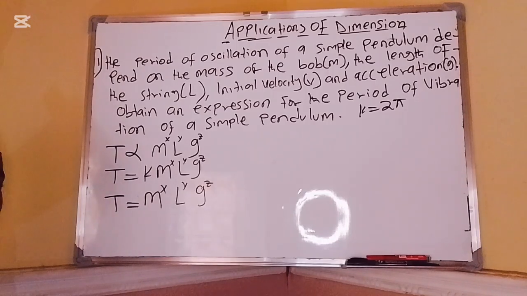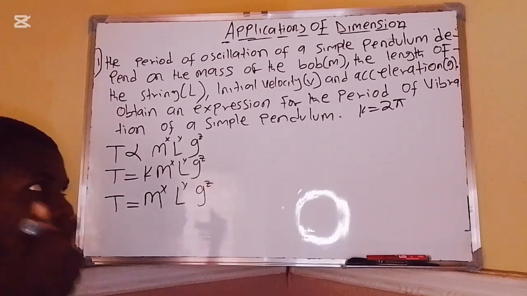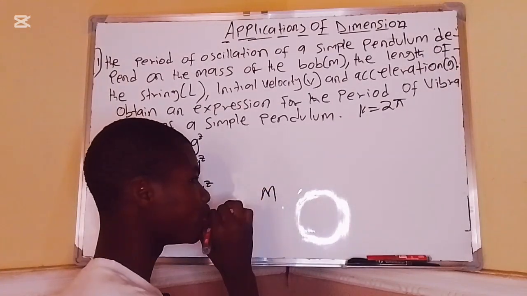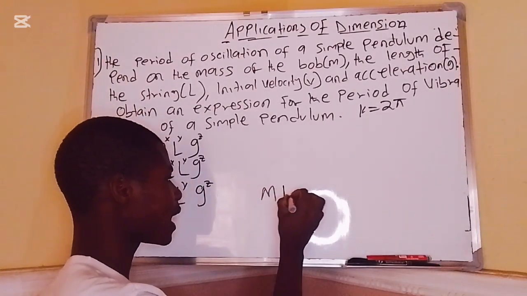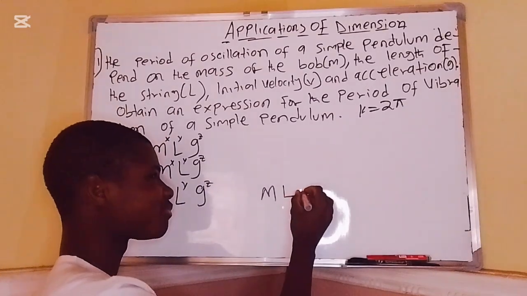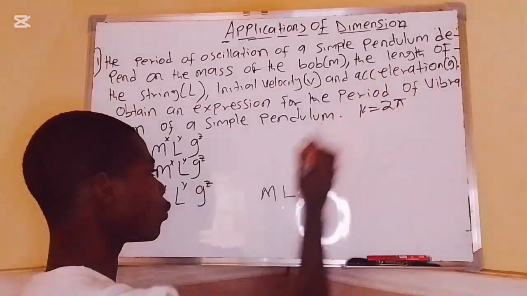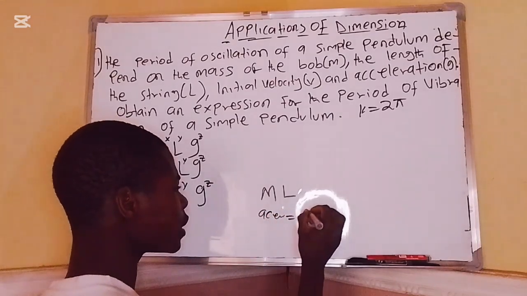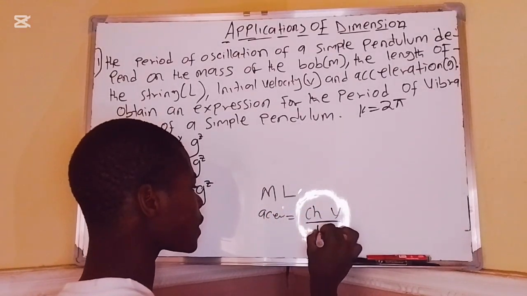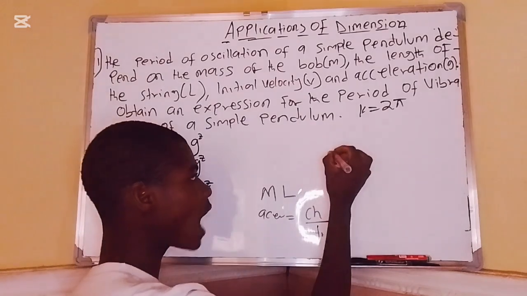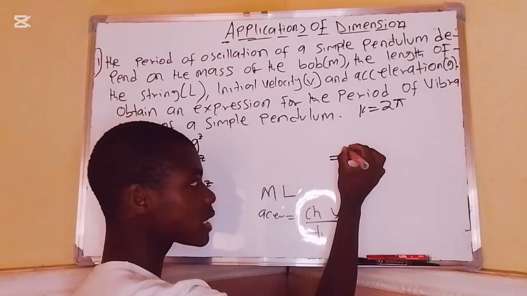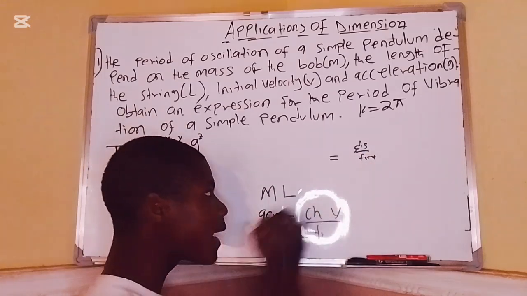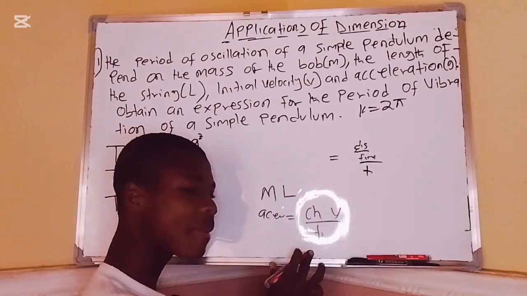So in dimension, let's recall it. We say mass is the same thing as capital M. Displacement or distance is the same thing as L. We have been given acceleration. What is acceleration? Acceleration is the same thing as change in velocity over time. Velocity itself is displacement over time, and therefore we divide by time again.